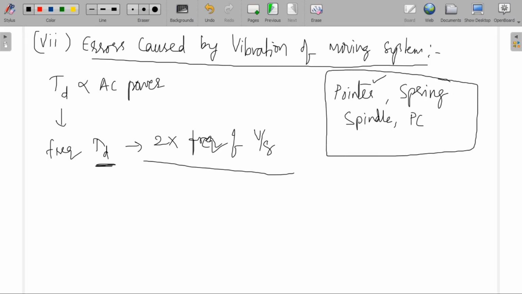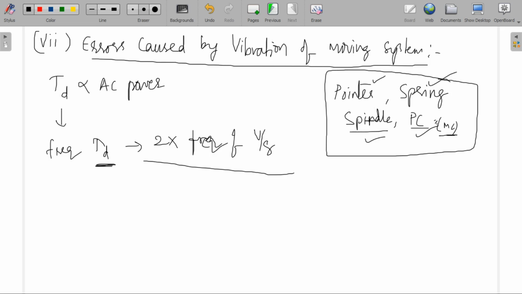The pointer, spring, moving coil, and other movable elements present in the instrument have their own frequencies, called natural frequency.